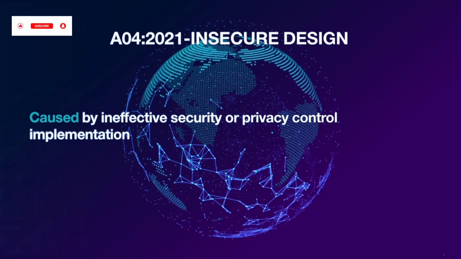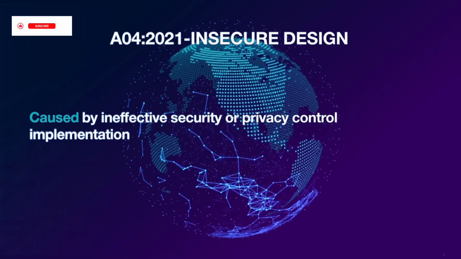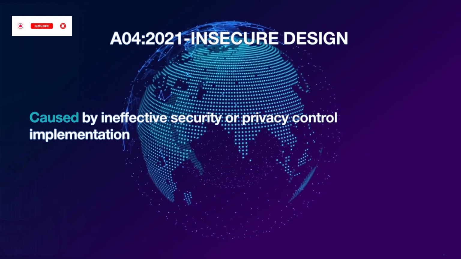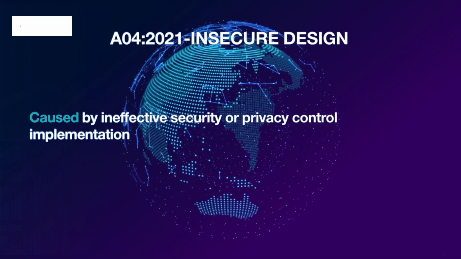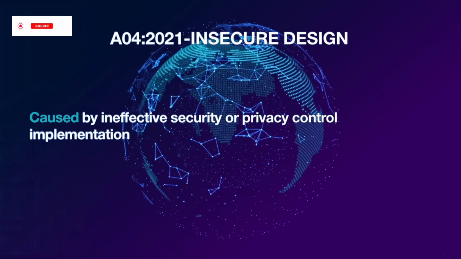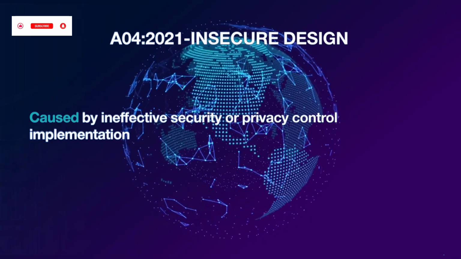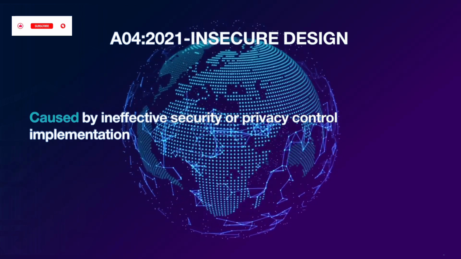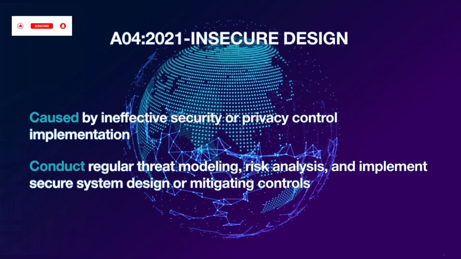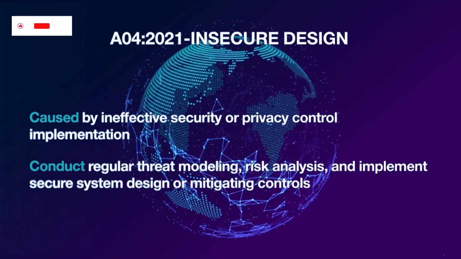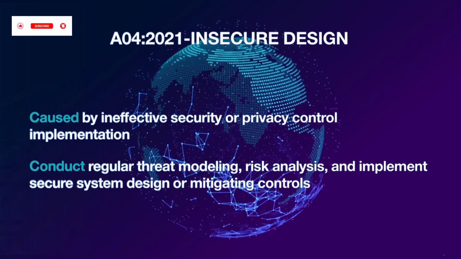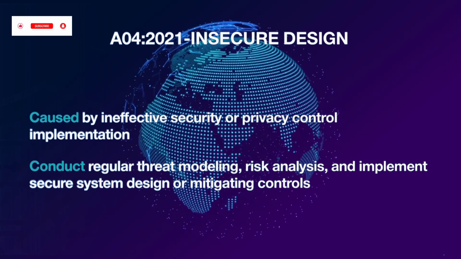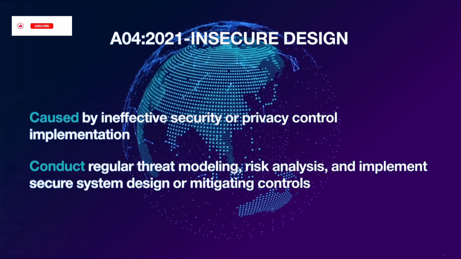So let's start with A04, which is insecure design. This is pretty straightforward: if you have ineffective security or privacy controls, you are going to have a problem in your design, and we need to build those in. So we want to conduct regular risk analysis and implement secure system design or mitigating controls for things that we have discovered.